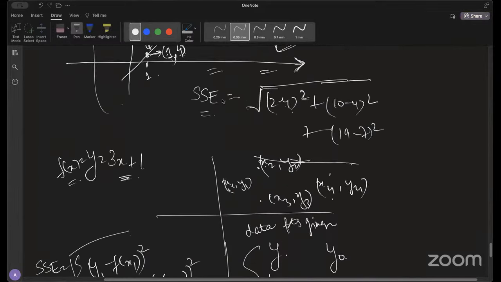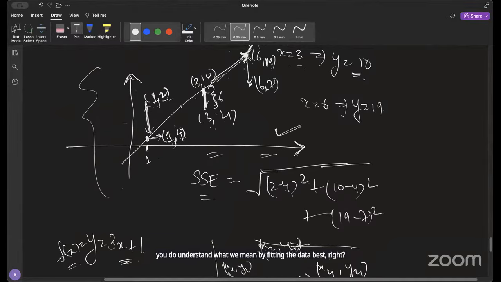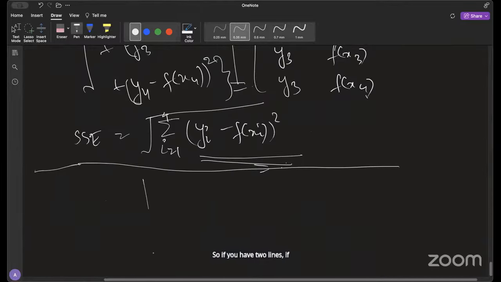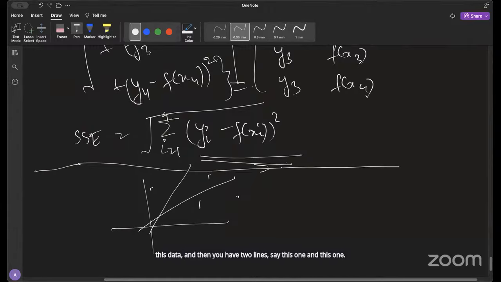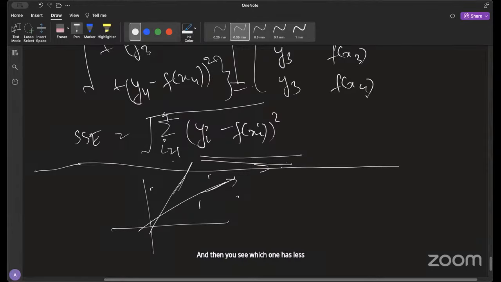You do understand what we mean by fitting the data best, right? So if you have been given some data, and then you have two lines, say this one and this one. First you find the sum of squared errors for this one, then for this one, and then you see which one has lesser sum of squared errors.